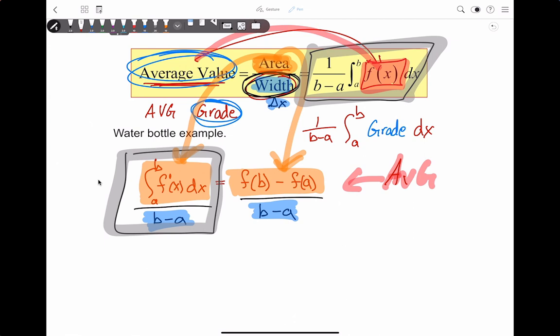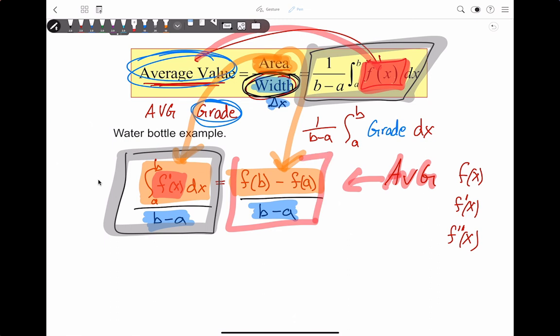Does it look for the average velocity? Does it look for the average acceleration? Well, whatever function you have in the integrand is what it's looking for. So in this case, I'm looking for average velocity, which is the average rate of change, which is exactly this. The change in position is the same as the average velocity.